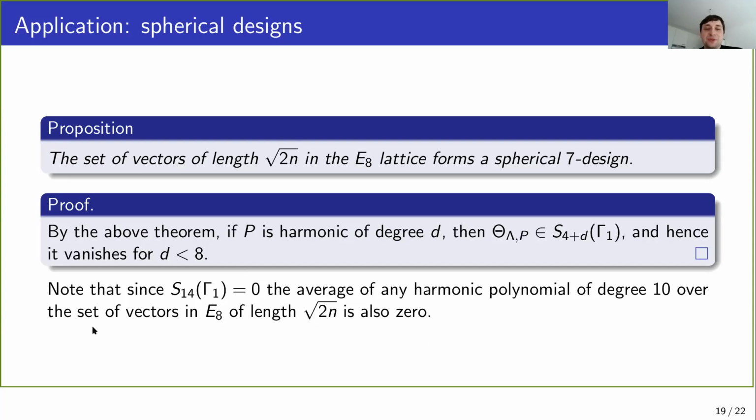So the shells of the E8 lattice are interesting because they vanish, so they are spherical designs for all harmonics of degree less than 8, and also for degree 10, which I think Venkov used to call a 7.5-design. Of course, the odd degree condition is kind of trivial because in the lattice you always sum over pairs of opposite points, so they all kill homogeneous odd degree polynomials.